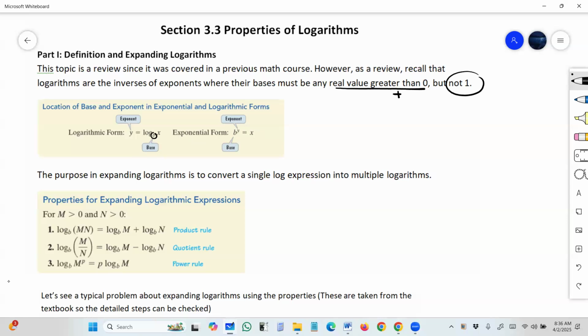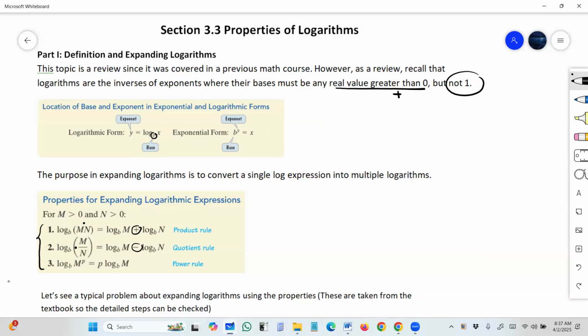Now, in addition to the definition of logs that you saw in these examples, we have the 3 basic properties. We've covered this before in Math 119, and here I go quickly. The log of a product is the sum of the two logs. The log of a ratio is the difference of the two logs.